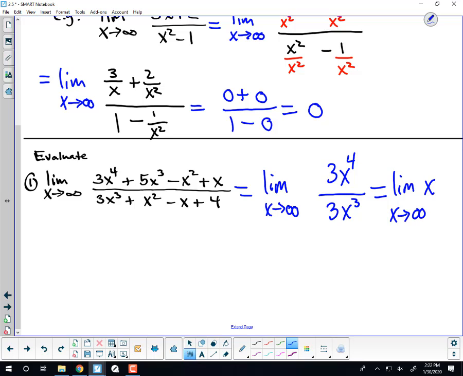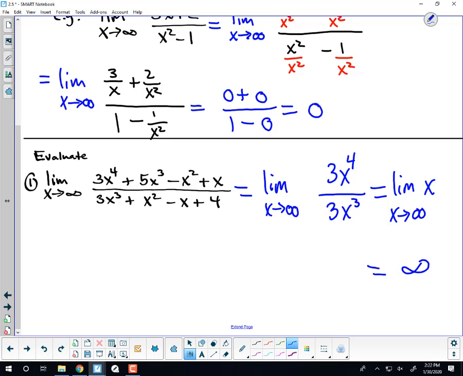So that's just the limit at infinity of the function x, which is going to give us infinity. So what would we say here? There is no horizontal asymptote. Because as x gets larger and larger, on the right-hand side, if you will, the function just keeps getting larger and larger.